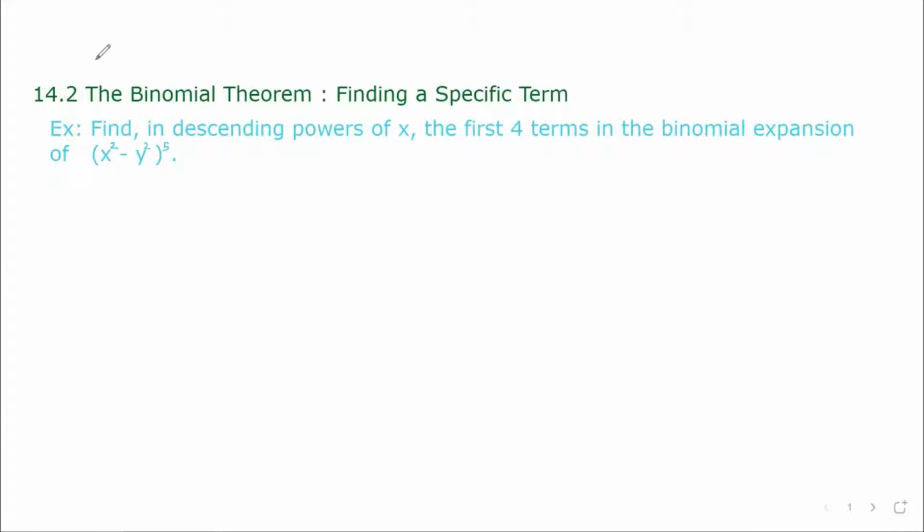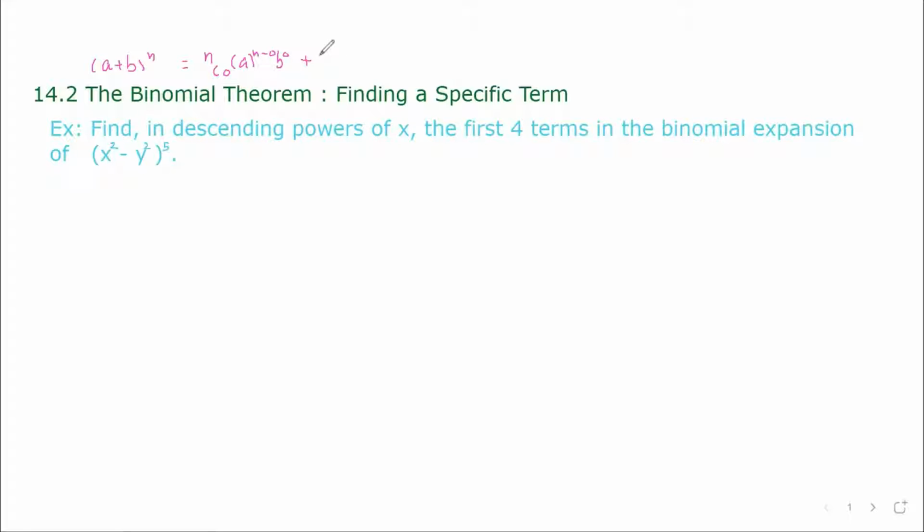For example, the formula is (a + b)^n equals nC0 a^(n-0) b^0.